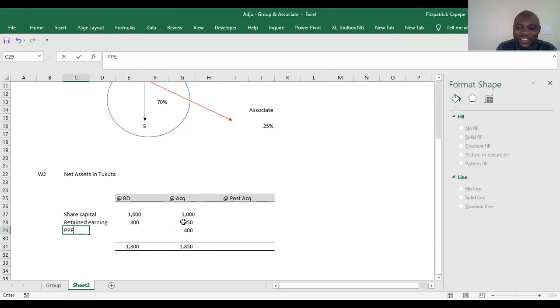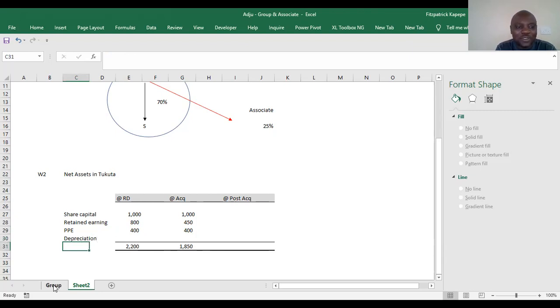Because at acquisition this was 400 as property, plant and equipment, at report date, which is now, this is going to be subjected to depreciation.